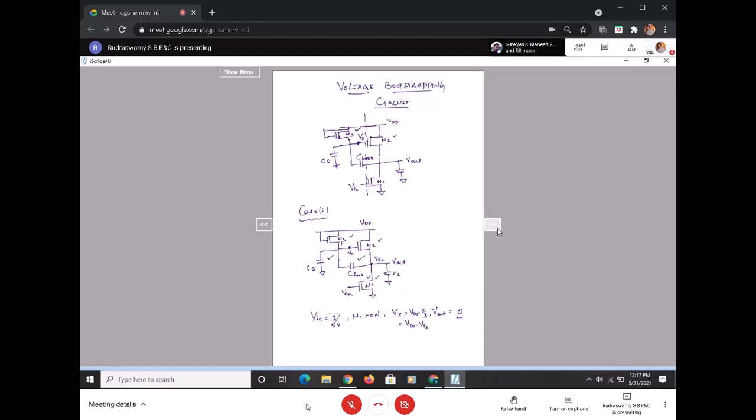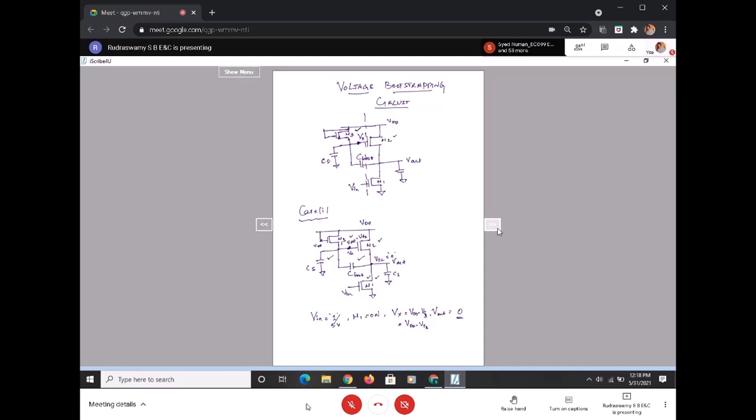V out will be simply the output voltage, which is nothing but VOL, the low output voltage, which is 0 basically. So through M3, CS and C boot will charge. And the maximum voltage I'll get at Vx: I know that M3 is acting as a simple pass transistor, so Vx will be VDD minus VT3.